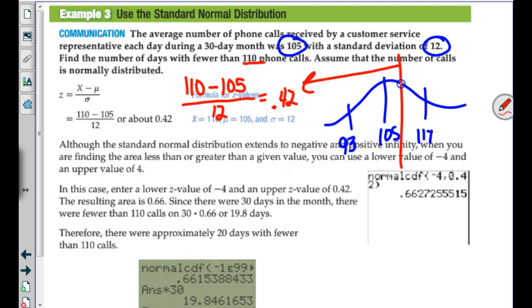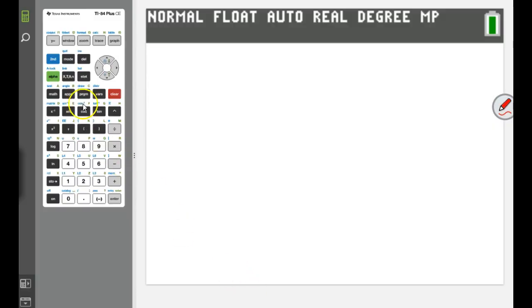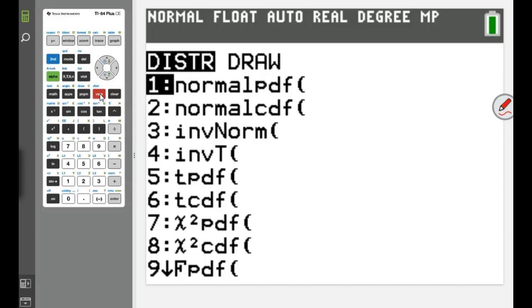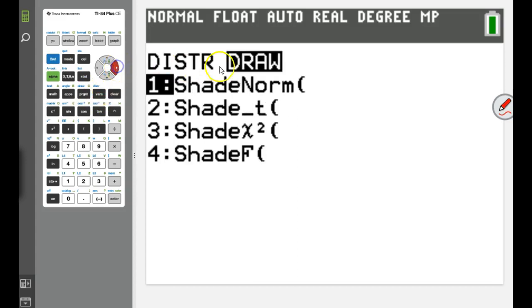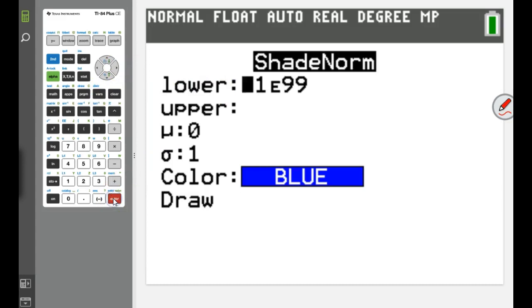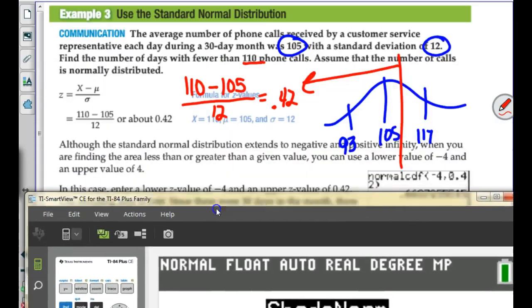So I want to know what's the chance that I fall below 0.42. There's several ways you can do that. I just want to show you this one, and I don't want you to try this on your calculator necessarily because you really have to mess with the window. But you would go over to draw, and I want to shade the normal, and I want to know, what was it again, guys?